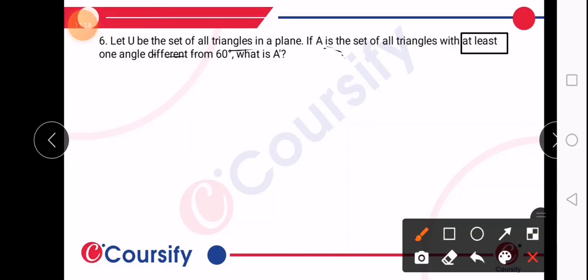Now, a triangle consists of three angles. Let's make one. A triangle consists of three angles, one over here, and the other one over here.